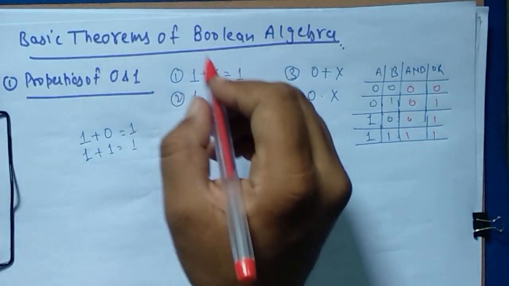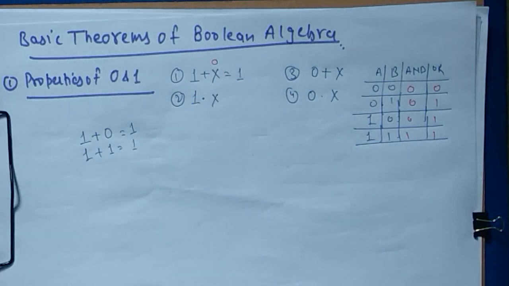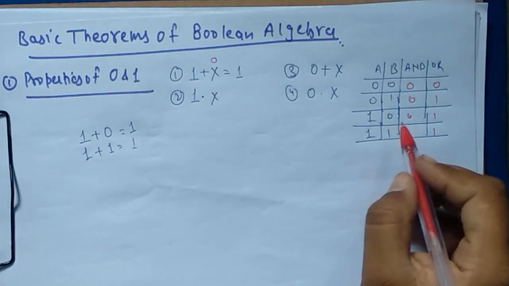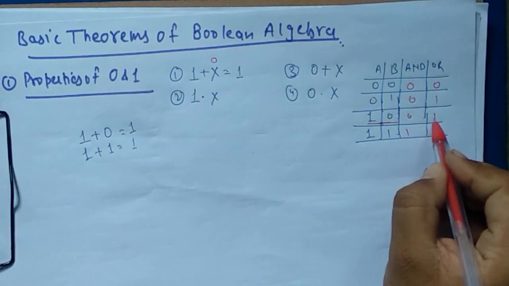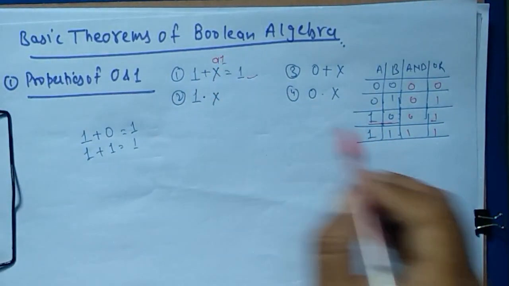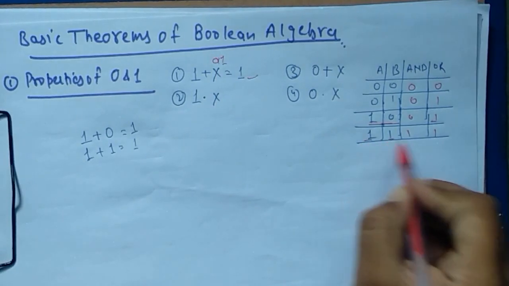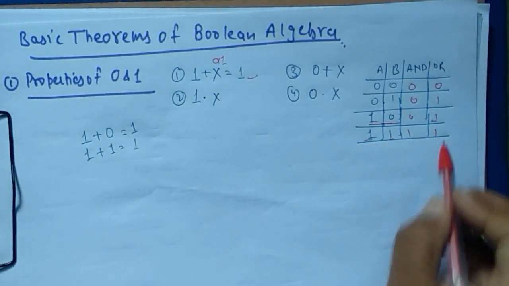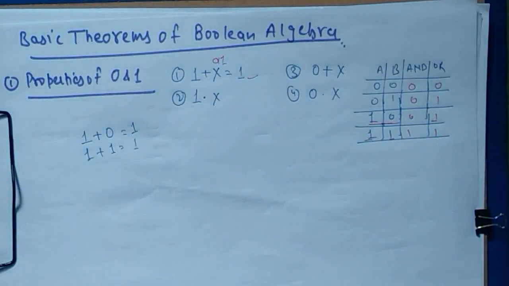So if x is 0, then 1 or 0 is 1. If it is 1, then 1 or 1 is again 1. So in both cases it doesn't matter what the value of x is. If one value is 1 in our OR operation, the result will always be 1. We don't need the value of x.